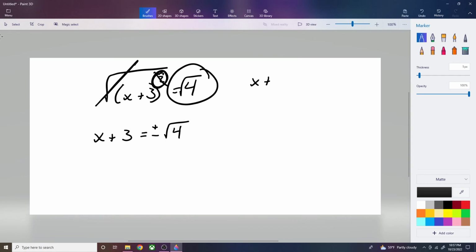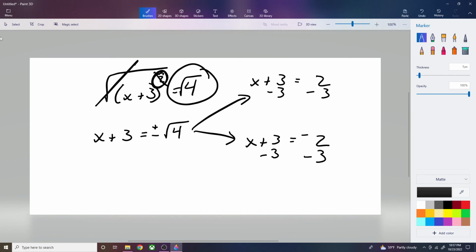You get x plus 3 equals positive 2, and x plus 3 equals negative 2, right? We split this now into two separate equations. Subtract 3 from both sides of the equation in both equations. That gives you x equals negative 5 in the negative equation, and x equals negative 1 in the positive equation.